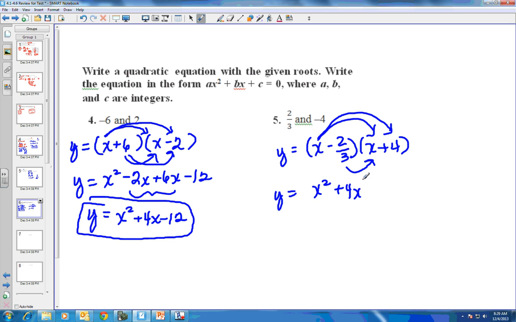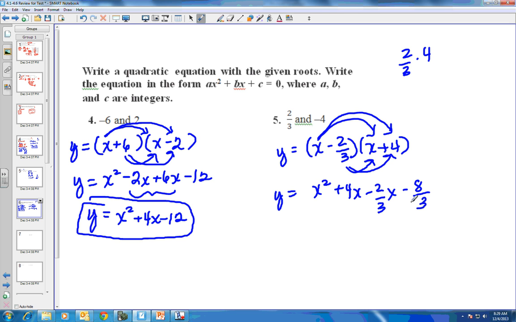Negative 2/3 times x is minus 2/3 x. Negative 2/3 times 4. What is negative 2/3 times 4? 2/3 times 4, you multiply straight across. That's going to be minus 8/3.